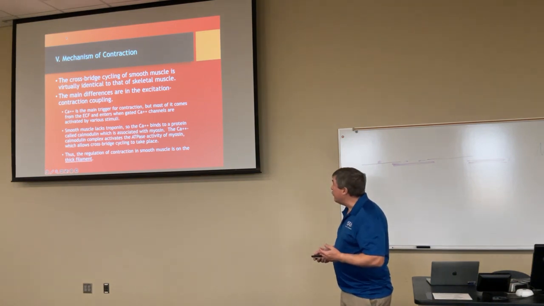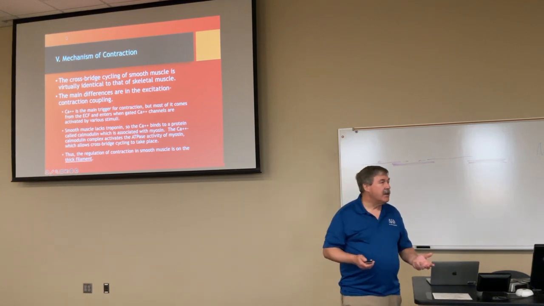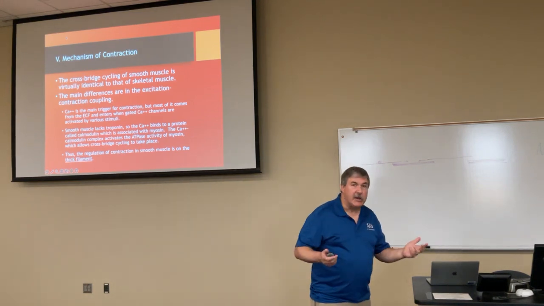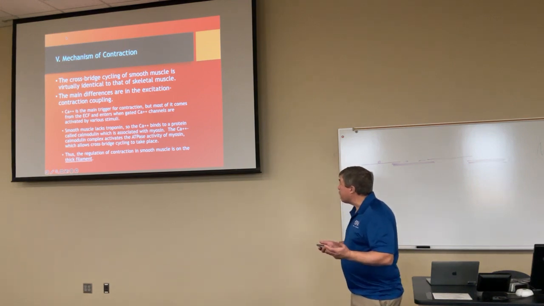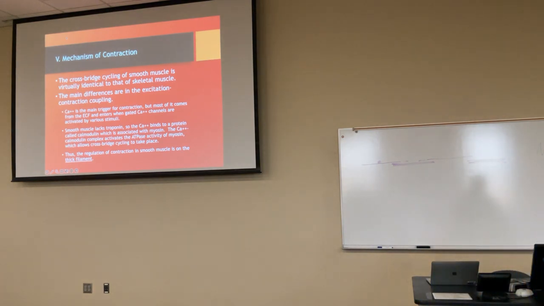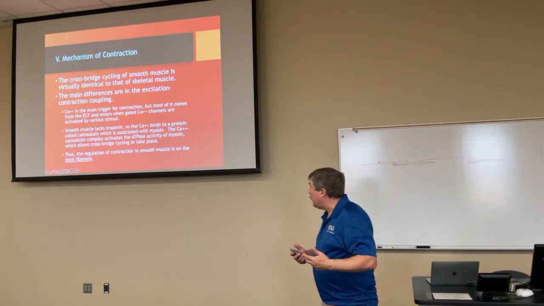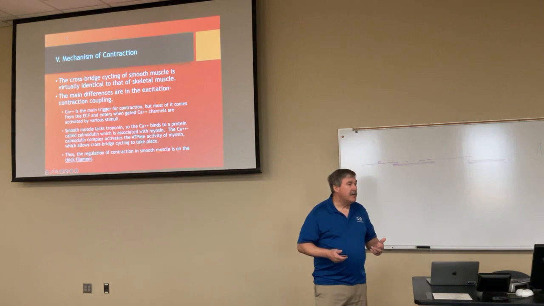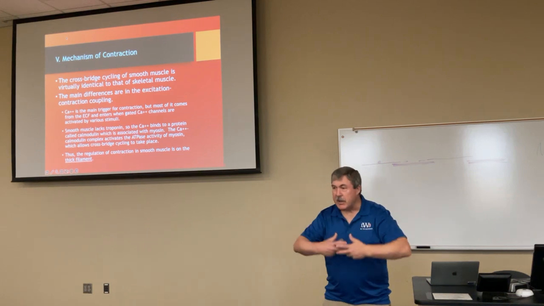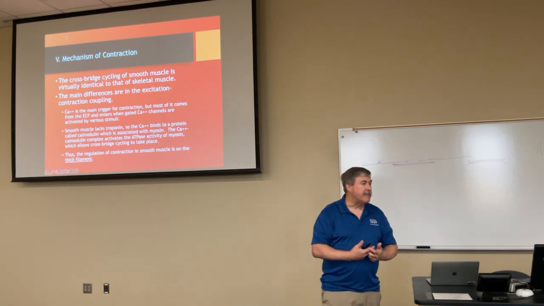One difference is that smooth muscle lacks troponin, so calcium doesn't bind to troponin, and it doesn't have tropomyosin either. So when calcium enters the cytoplasm of smooth muscle fibers from the extracellular fluid, the calcium binds to a protein called calmodulin, forming a calcium calmodulin complex.